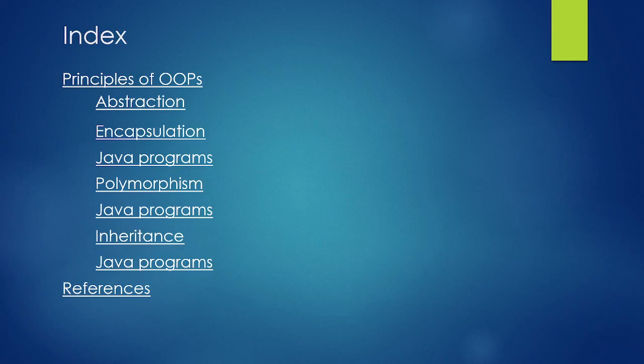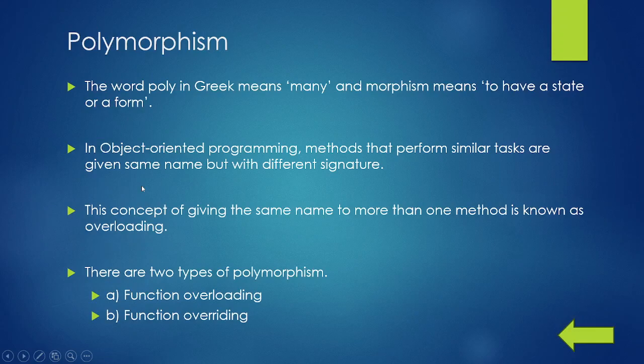Now the third principle, polymorphism. The word poly in Greek means many and morphism means to have a state or a form. That means many forms. In OOPS, methods that perform similar tasks are given the same name but with different signatures.